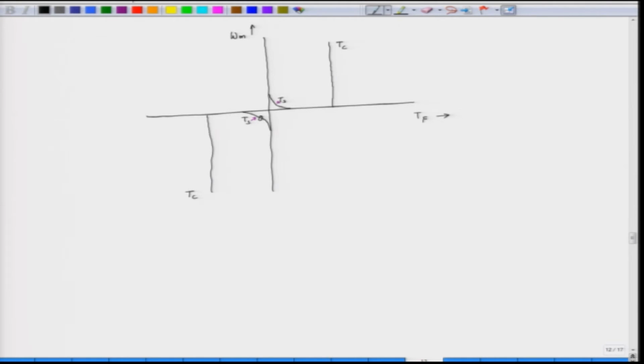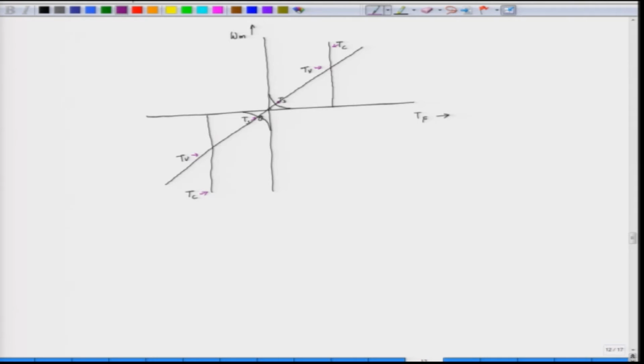What about the viscous friction? The viscous friction is proportional to the speed like this. So, this is the viscous friction Tv, and the Coulomb friction is this one. We have another friction which is called the windage friction, and the windage friction is proportional to the speed square.